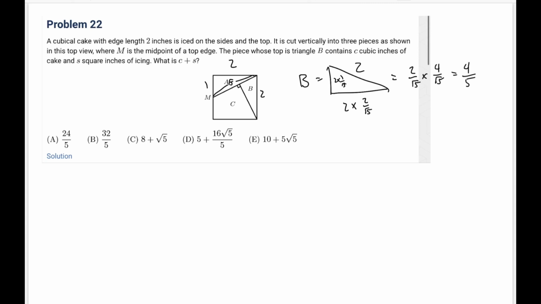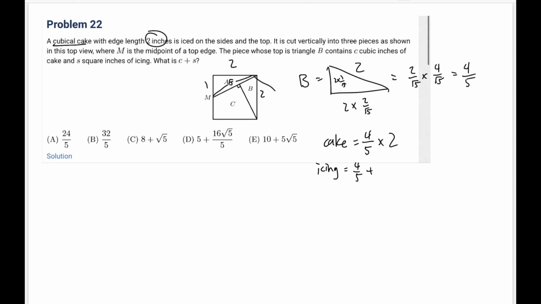So the area is 4 over 5, and triangle B contains C cubic inches of cake. So cake would be the volume. So it's 4 over 5 multiplied by the edge length of 2 inches, since it's a cubical cake. And then icing would be this much, and then it's on the sides also, right?